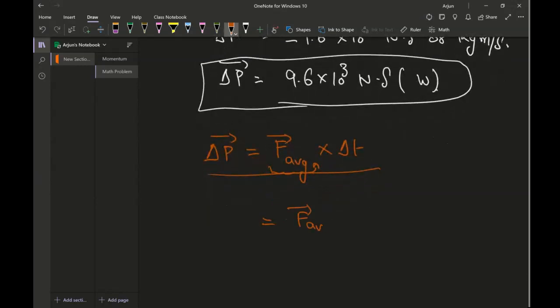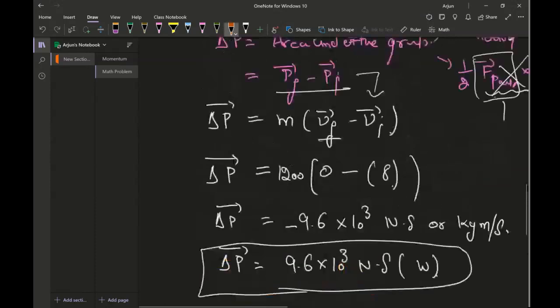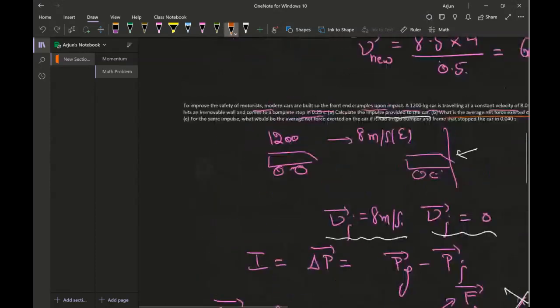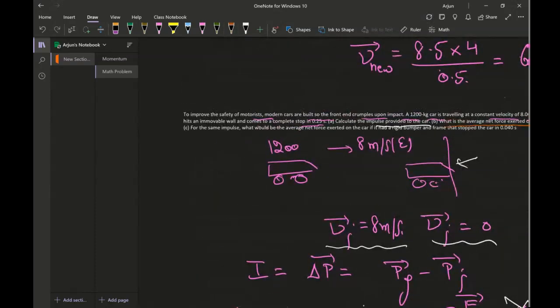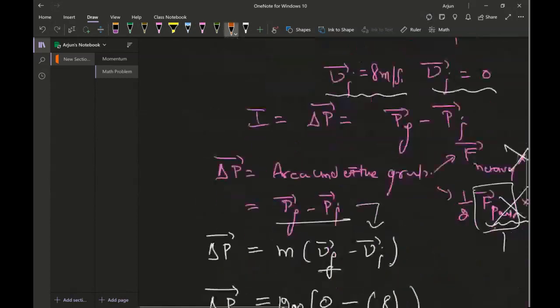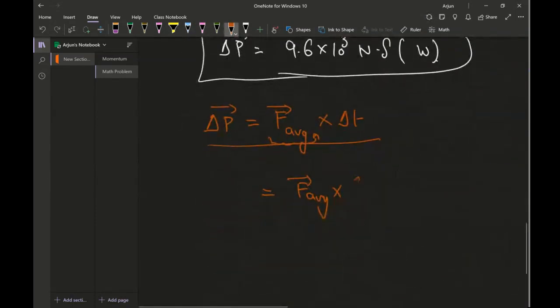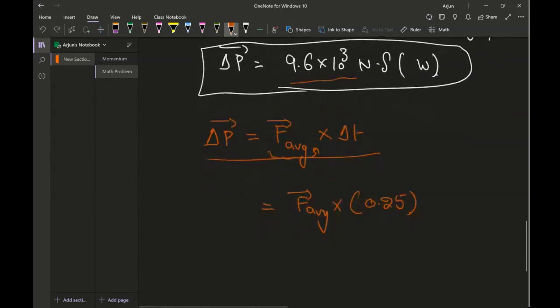So force average multiplied by the time, and the time duration given in this question is that the car comes to a stop within 0.25 seconds. So I will multiply it with 0.25, and this delta p is equal to the change in momentum, which we've already calculated, 9.6 times 10 raised to the power 3. I'll use the negative sign because this is in the west direction.